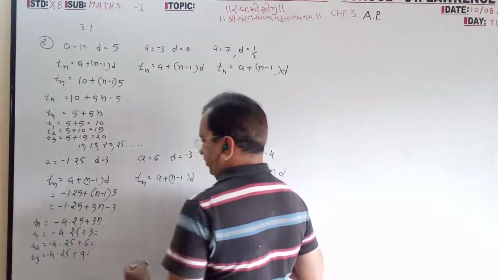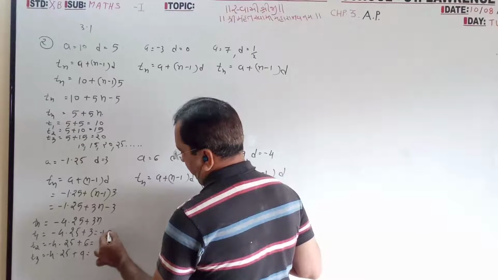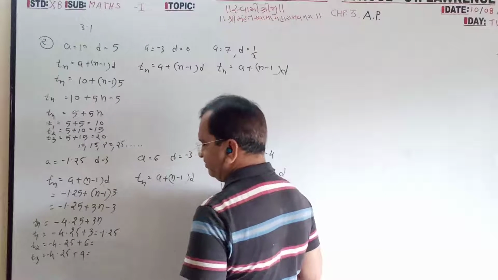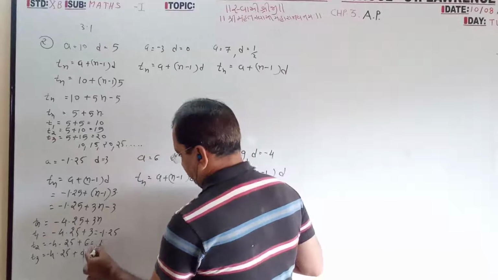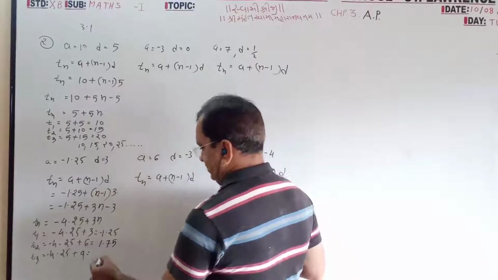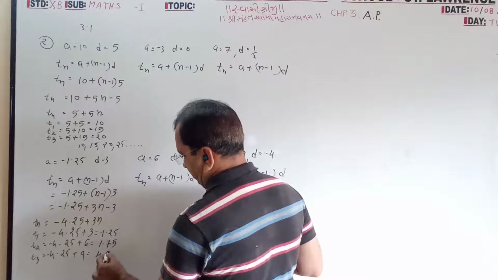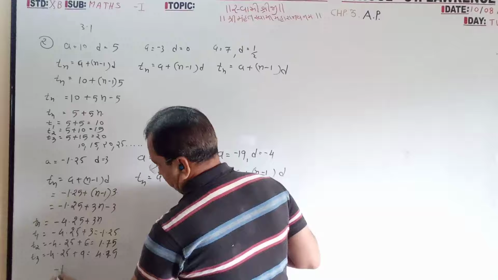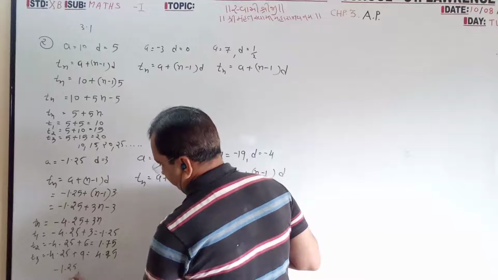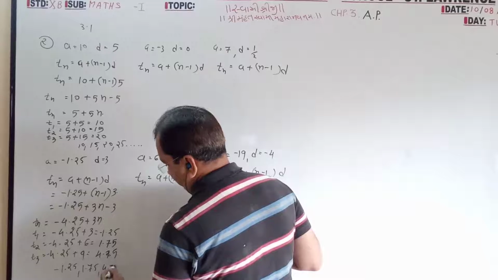So 3 minus 4.25, it is minus 1.25. 6, so it is 1.75. 9, so it is 4.75. So minus 1.25, 1.75, 4.75.